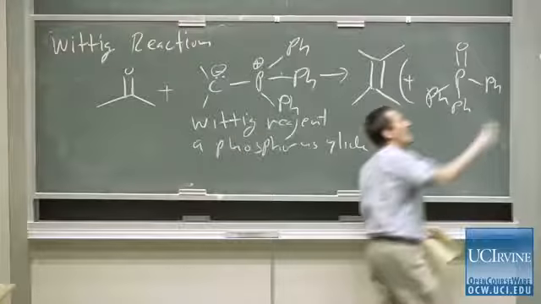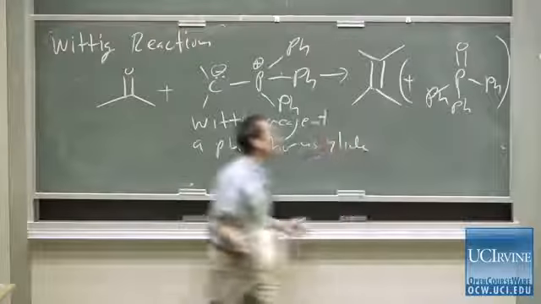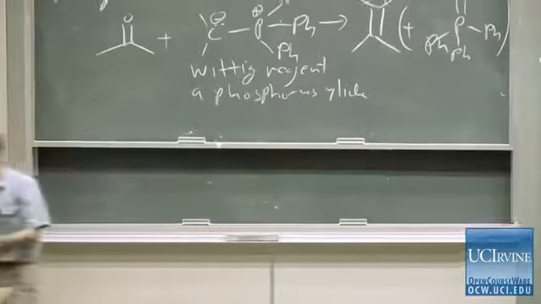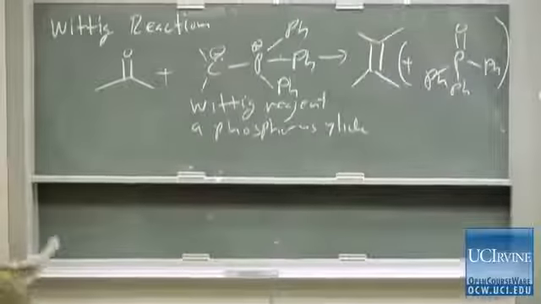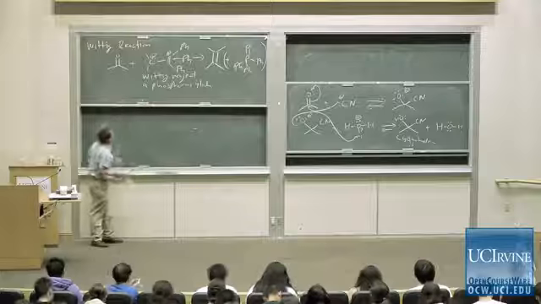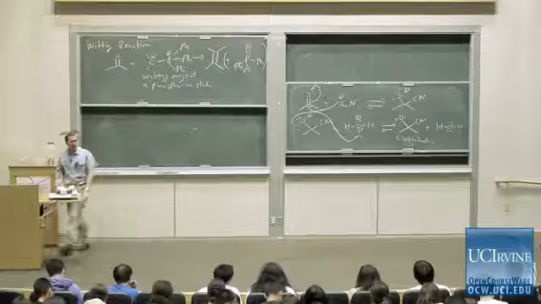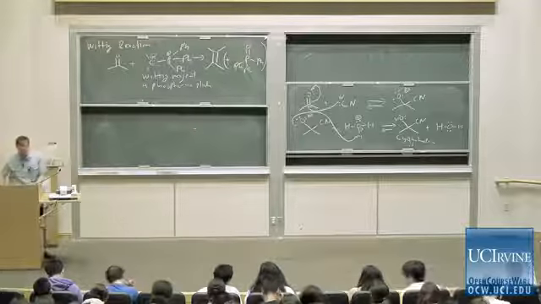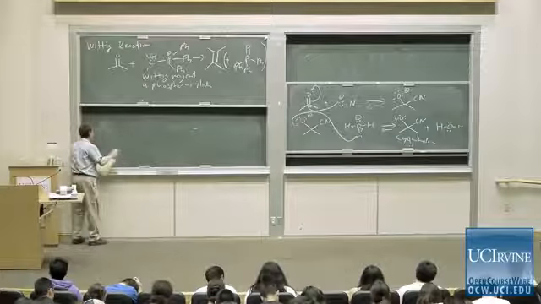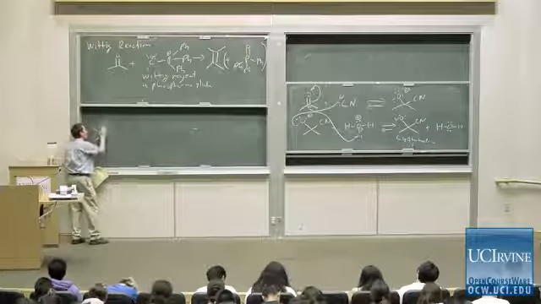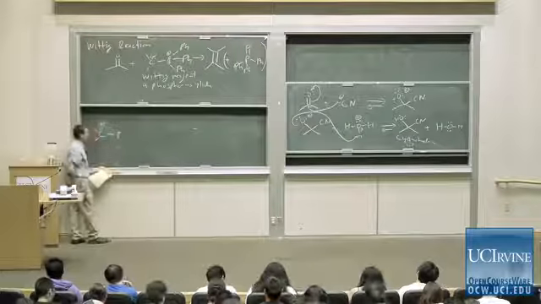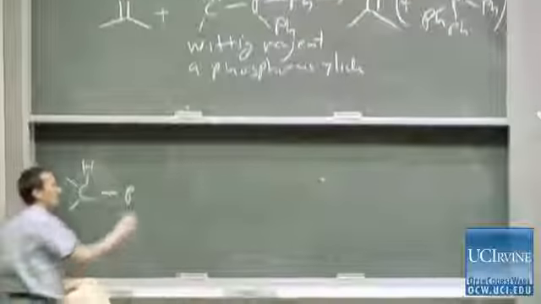Triphenylphosphine oxide is not only something that's easy to forget about as a byproduct of reaction, it's also a pain in the neck to get rid of if you're carrying out the reaction in the laboratory. All right. There's a lot of anatomy here. One of the things you'll find is in shorthand, we often write Ph as a phenyl group. So I'm going to write things out in longhand now for the conjugate acid of the phosphorus ylide.